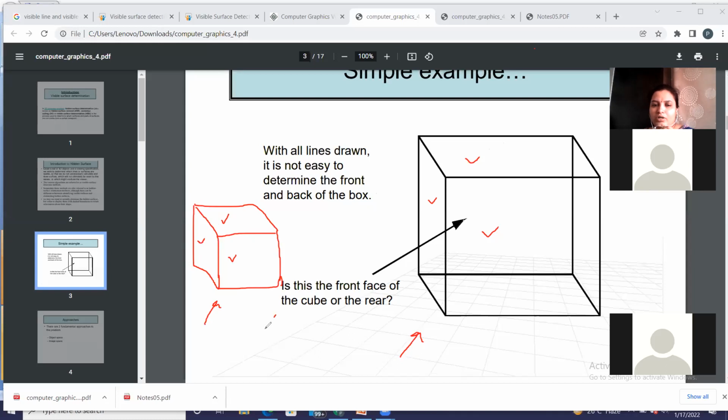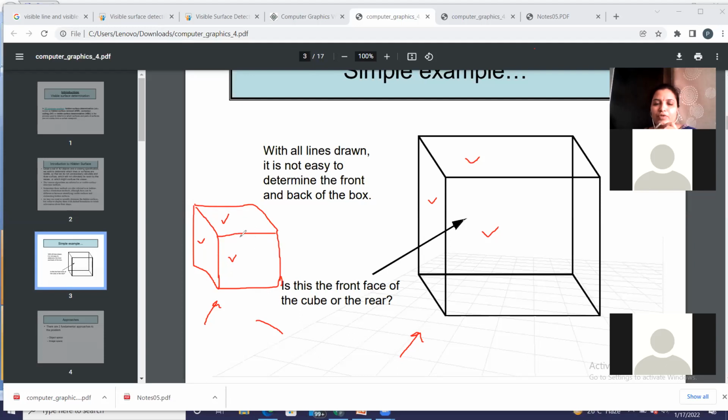Or I can do it in a second way, that is, directly removing the portions. If I am removing these portions, I do not know what the actual shape of the object is.